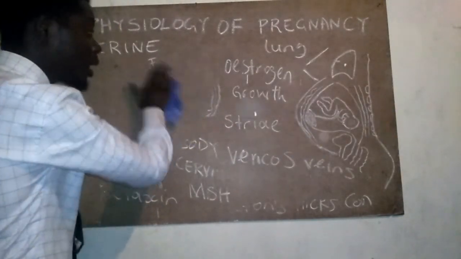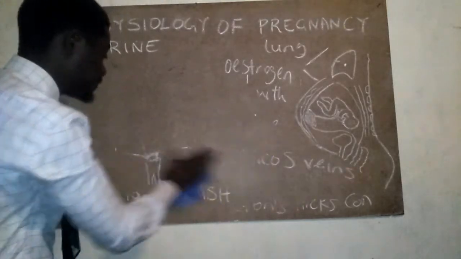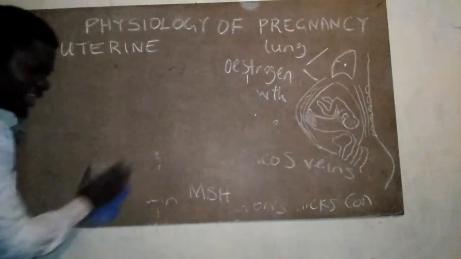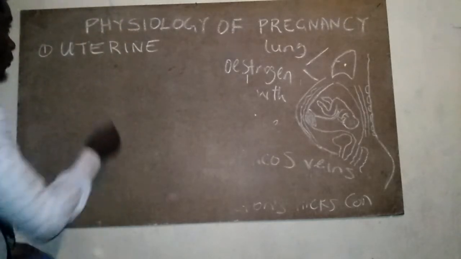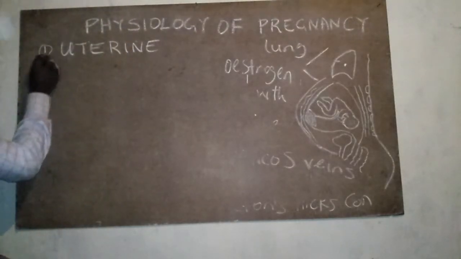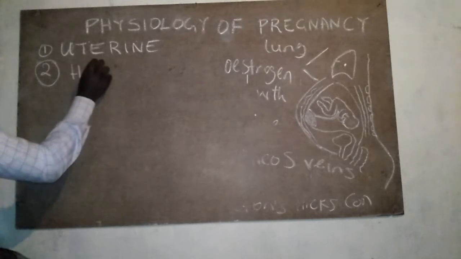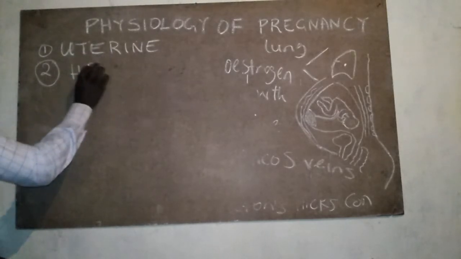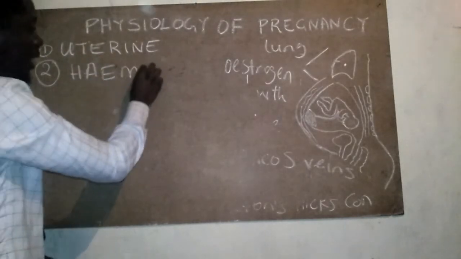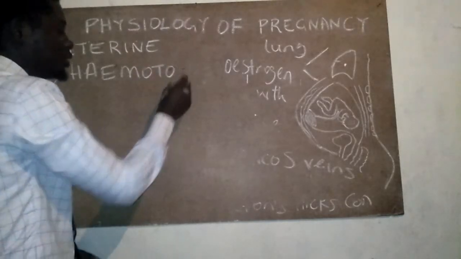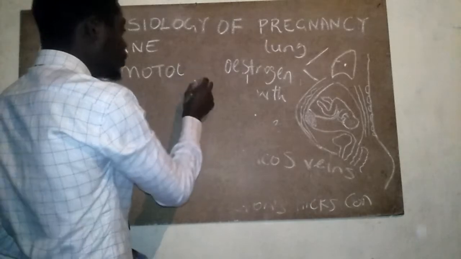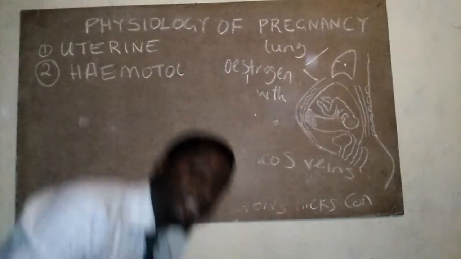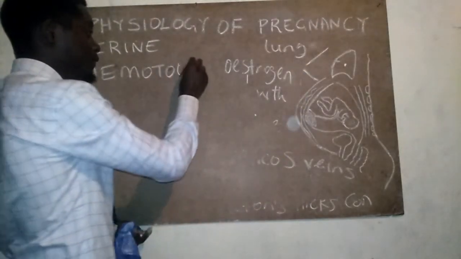When we are coming in now, talking about the hematological changes, it is also very important to talk about the hematological changes in pregnancy, because this is also going to be affected. There is no other system in the maternal body which is not going to be affected as a result of the growing fetus.